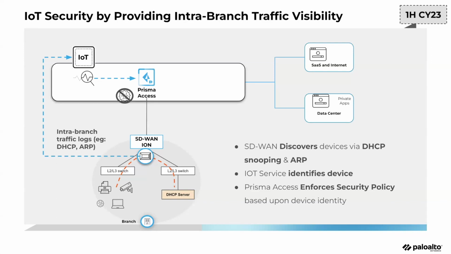We take that information and send it to the IoT security service, if you have that service, which does its thing and crunches all the various parts of that device and what we know about it, and then sends a verdict down to Prisma Access to do enforcement, to either allow that traffic to pass through the network freely, restrict it, or block it entirely. So that was phase one, which we did.